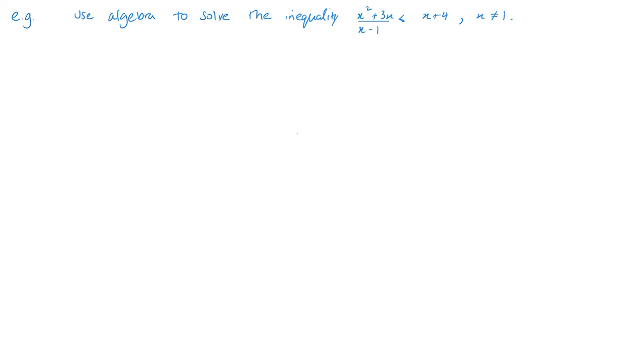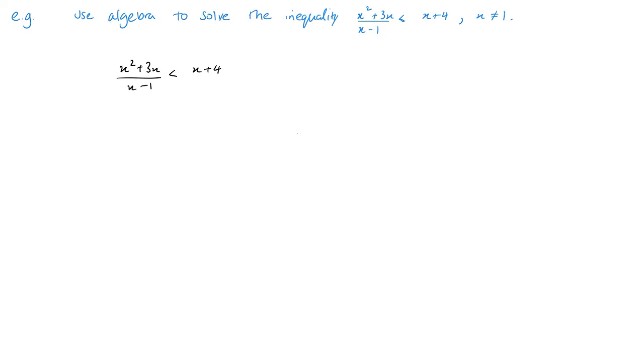So we want to sort this out first algebraically and then do a simple sketch so that then we can get the solutions. So in this case, I've got x squared plus 3x over x minus 1, and that is less than x plus 4.